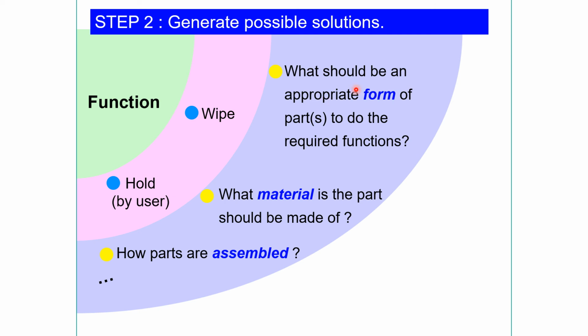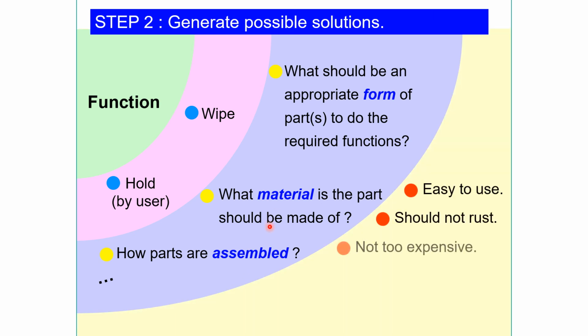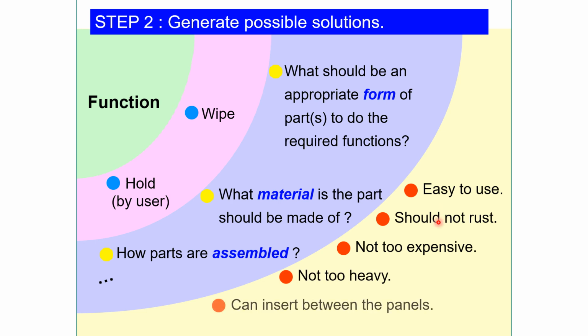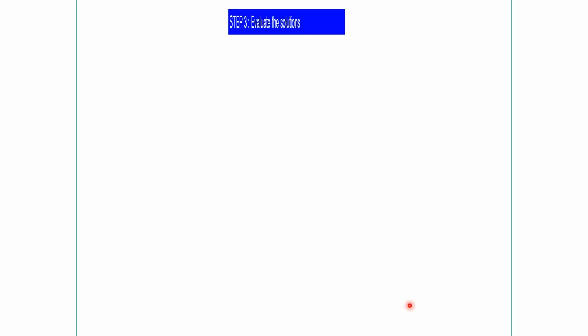So how to combine these devices? The first part: what will be the material, and how the parts will be assembled. After making, the device should be easy to use, should not rust, not too expensive, not too heavy, and should insert between the panels easily. So those will be our main objectives.